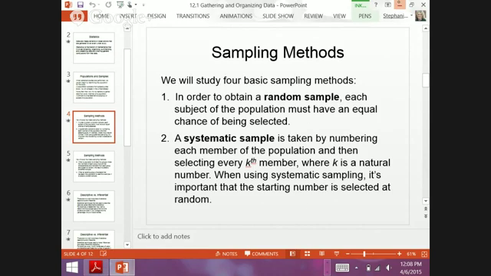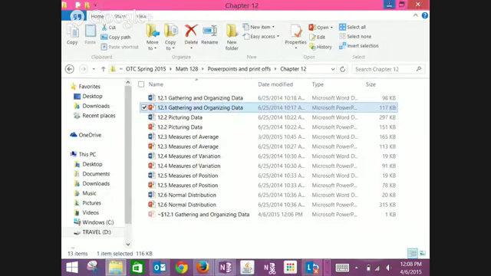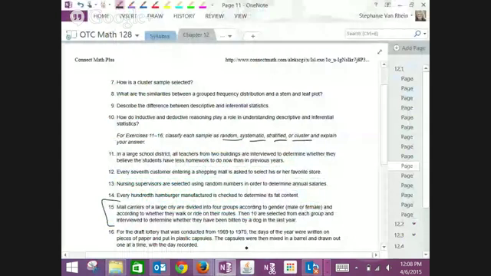So if we go back to the homework from that section, right? Every 7th customer entering the shop, you would classify that as systematic, right? There's a system in place. Nursing supervisors are selected at random using random numbers in order to determine annual salaries.